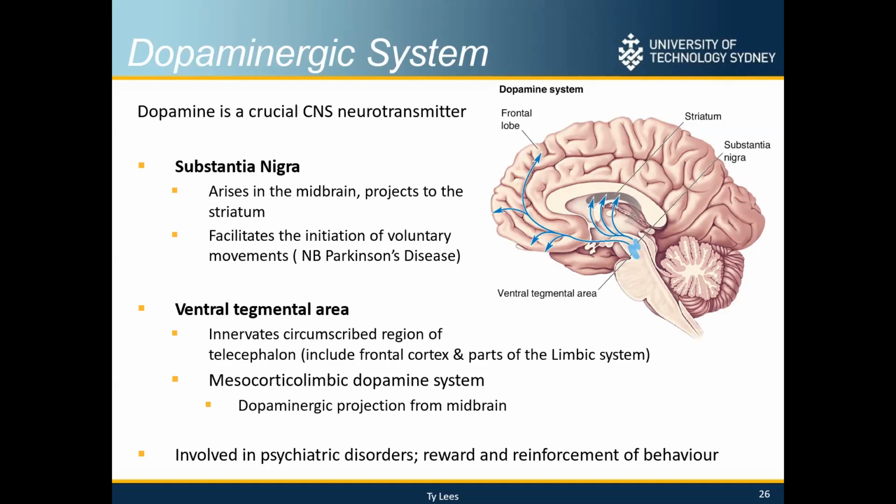The substantia nigra projects to the striatum, which is important in the initiation of voluntary movements. Deficiency in this structure has been shown to result in the onset of Parkinson's disease. The treatment associated with Parkinson's includes the introduction of a substance called L-DOPA.